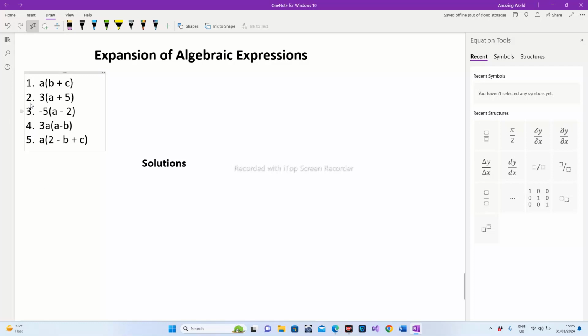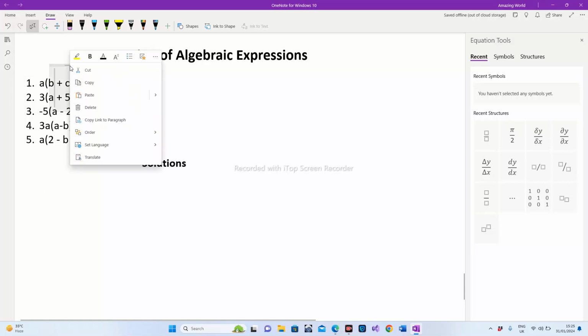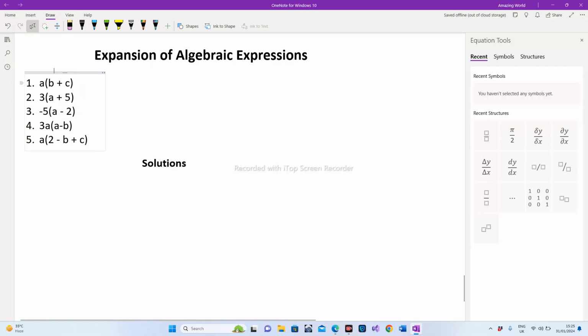So now for our first question, we have a in parentheses multiplied by b plus c. Okay, so a multiplied by b plus c.